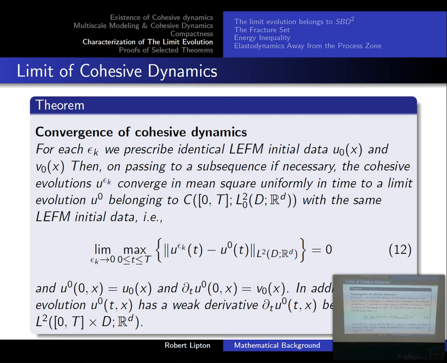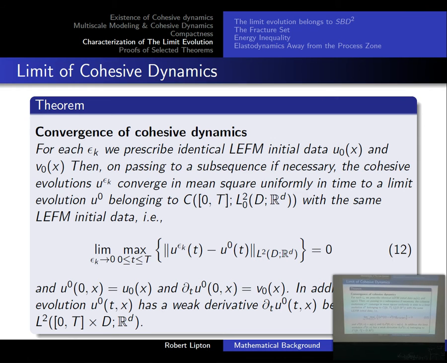And so what we mean is that for these evolutions, we can always find a subsequence and a cluster point U0, such that the evolutions are converging to it for almost every time. And in addition to that, the limit evolution will have a weak derivative also belonging to the product space.